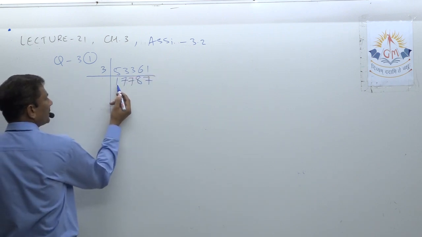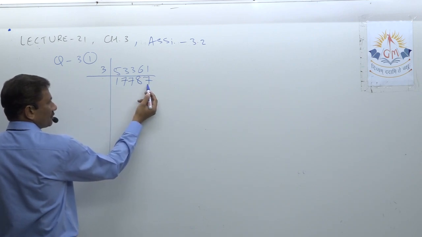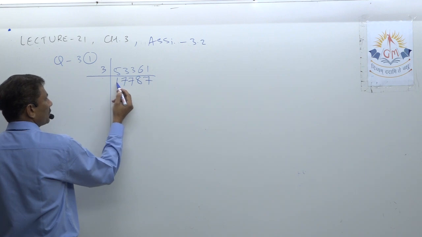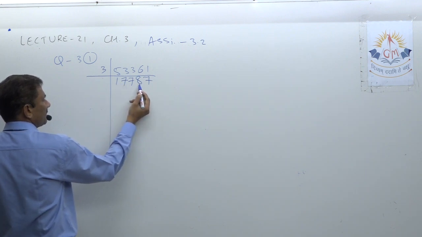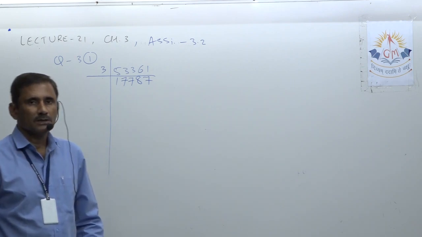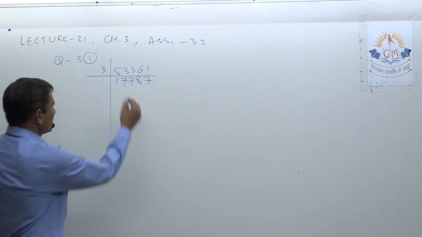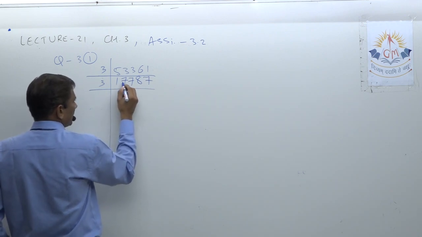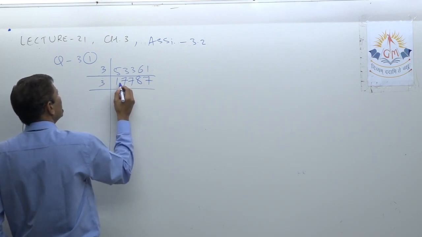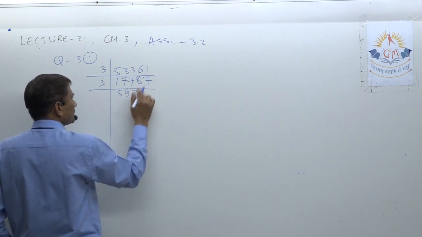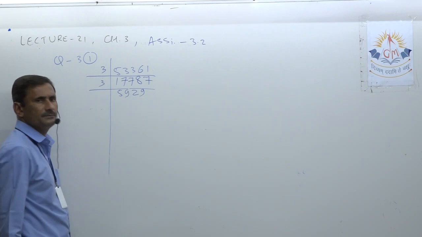Now again look at the sum, because division by 2 is not possible. So 1 plus 7 plus 7 is 14, 14 plus 1 is 15, 15 plus 8 is 23, 23 plus 7 is 30. Again 30 is a multiple of 3, so the number is divisible by 3. So now 3 5s are 15, 2 left, 3 9s are 27, 3 2s are 6, 2 left, 3 9s are 27.